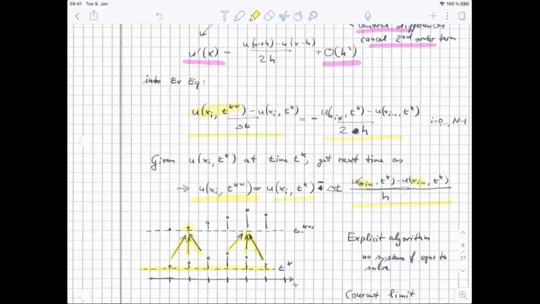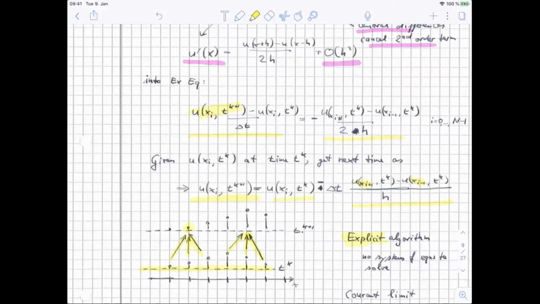The nice thing here in this scheme, and in all the other schemes I'm talking about today, is that this scheme is explicit. That means there's always a simple equation that can be directly evaluated that gives us each one of the new terms.